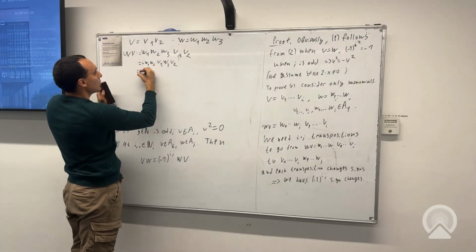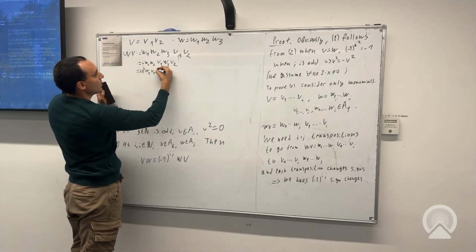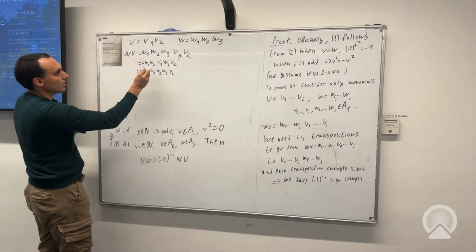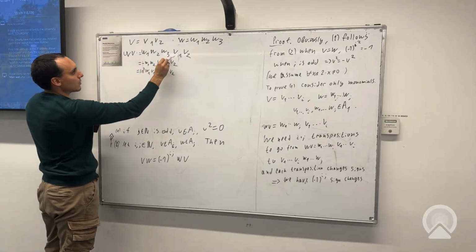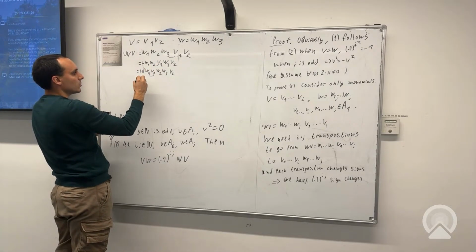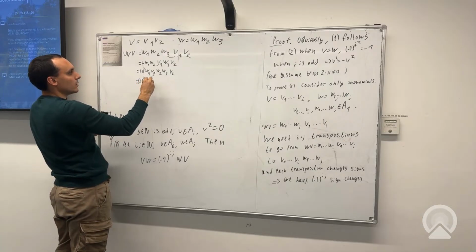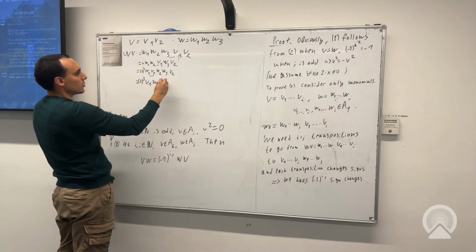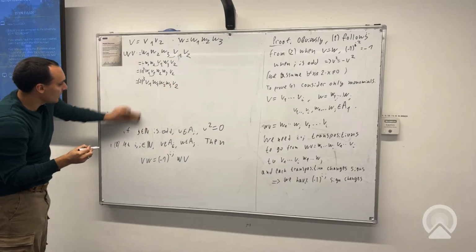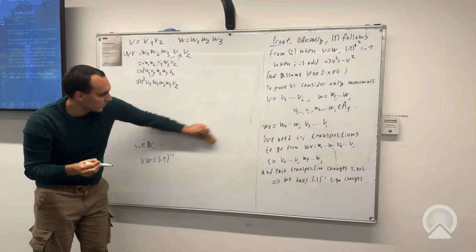Swap again, so we take minus 1 to the second power, W1, V1, W2, W3, V2. Minus 1 to the third power, V1, W1, W2, W3, V2. And now we start the same walk with V2.